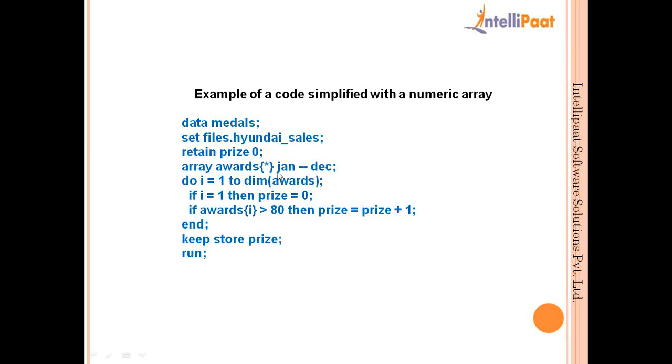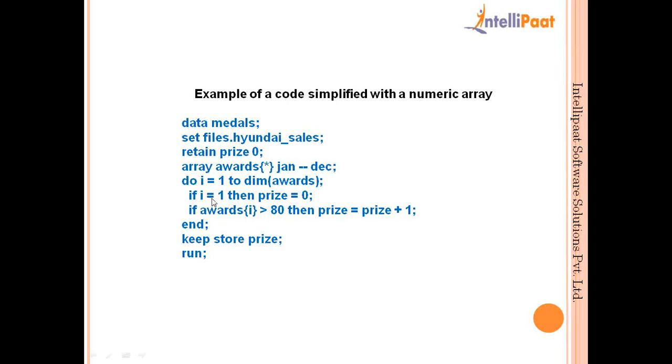So you can see that this array contains all the members of month. Now do i equal to 1 to dim(awards). Dim will give the number of elements, so 1 to all the members contained in awards.